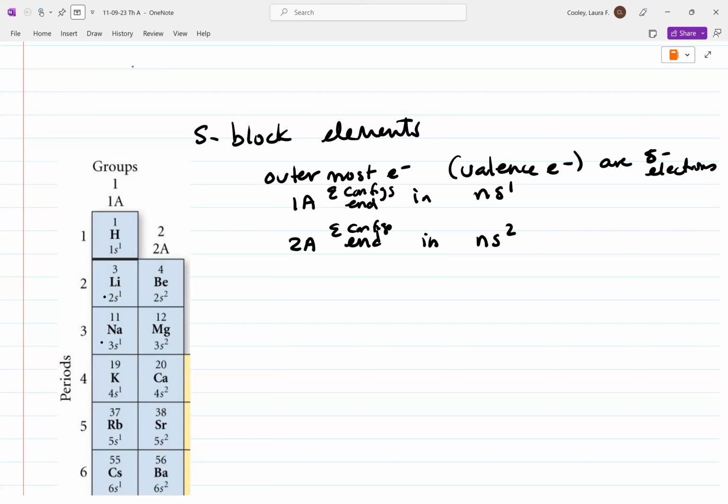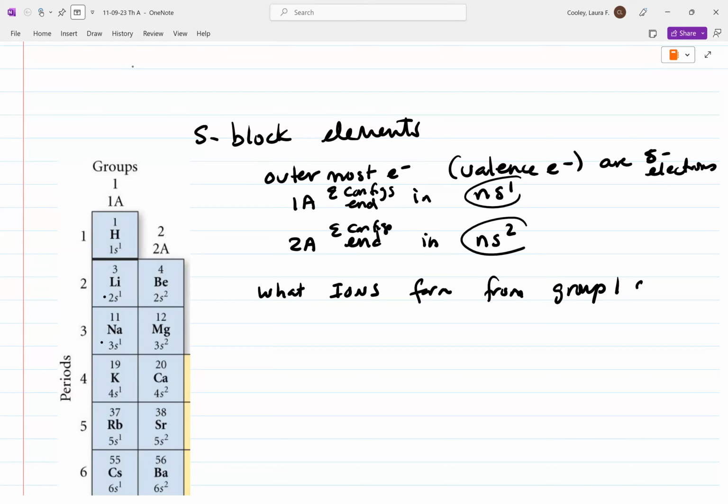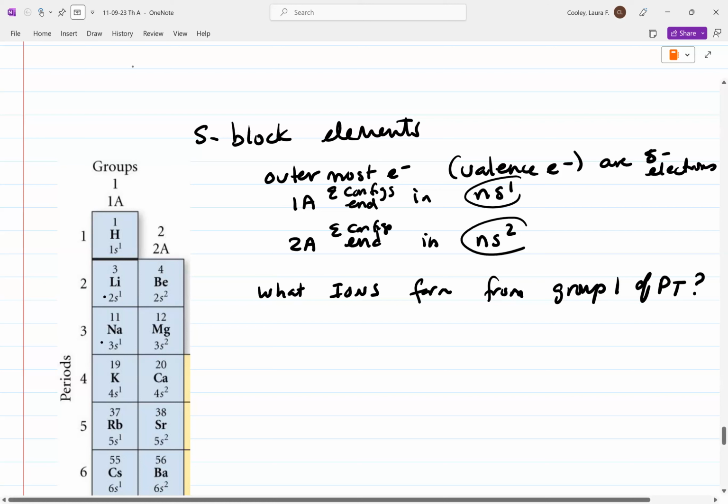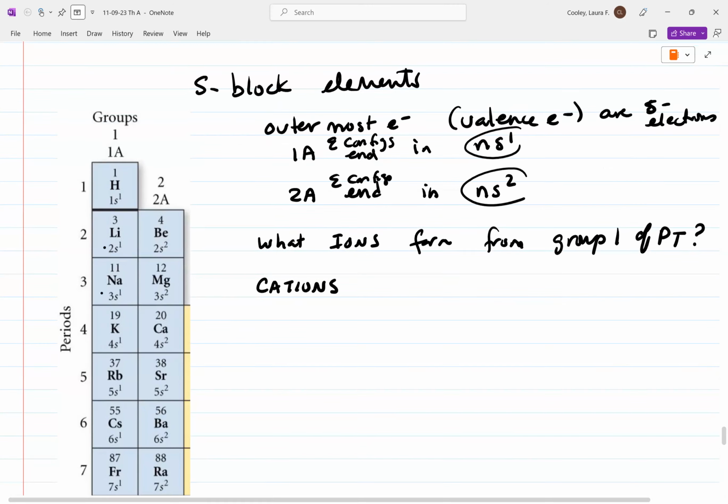Okay, so remember I told you about chemical reactivity having to do with these outer electrons. And I could give you a very concrete example. And here it is. What ions form from group 1? Well, they're actually cations, right? So you get a +1 ion.